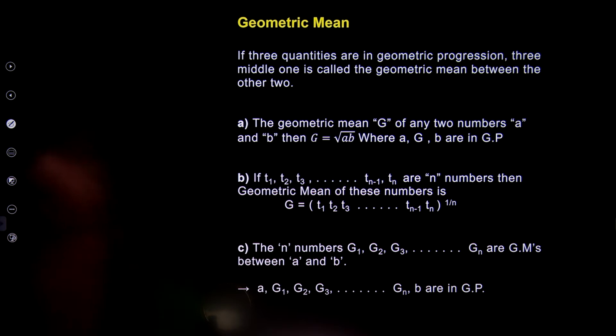Next, the n numbers G1, G2, G3 and so on Gn are geometric means between A and B, that is, inserted between A and B. A, G1, G2, G3 and so on Gn, B are in GP.